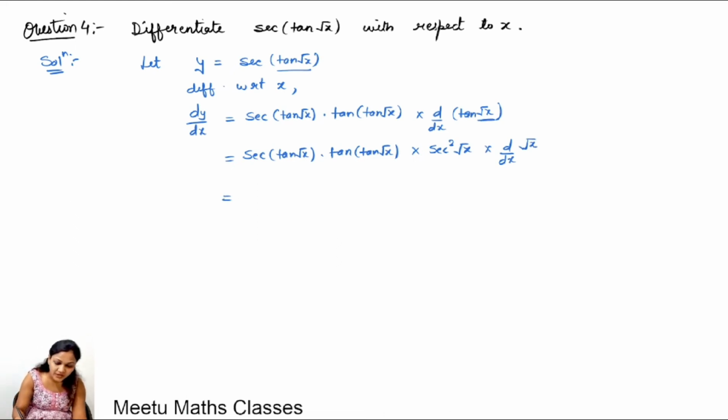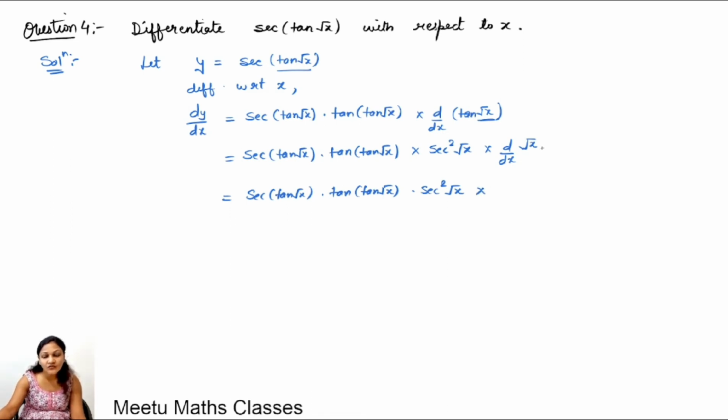Okay. Now we will write this sec of tan root x, tan of tan root x, into sec square root x as it is.